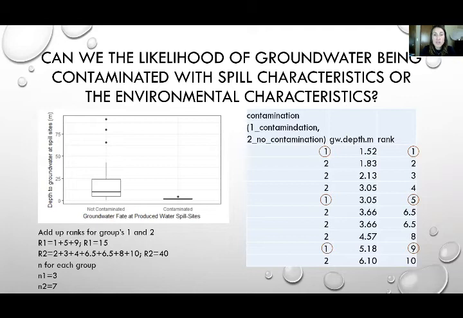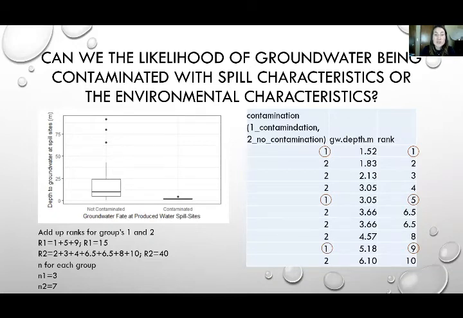The way we do that is with the spreadsheet on the right. In the very left column, we have coded data for whether contamination did or did not occur. It's been coded with a 1 if there was contamination. Sorry for that spelling error right there.